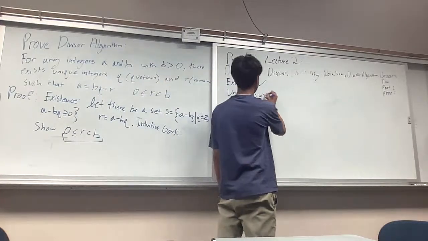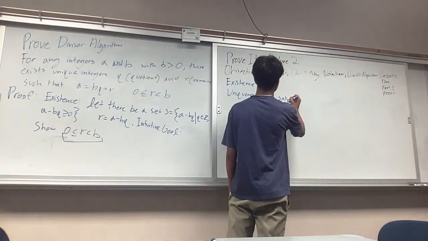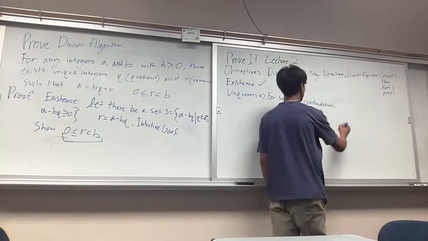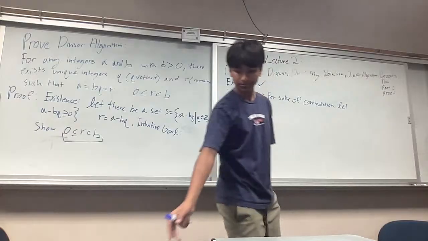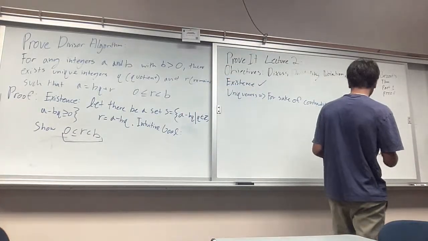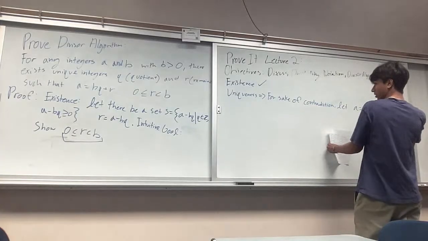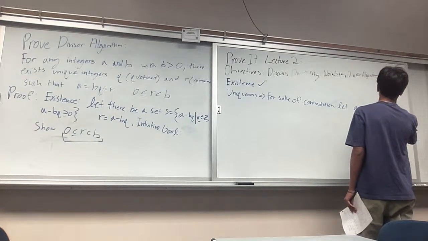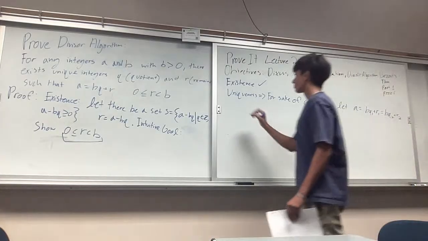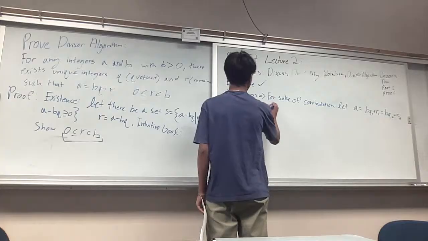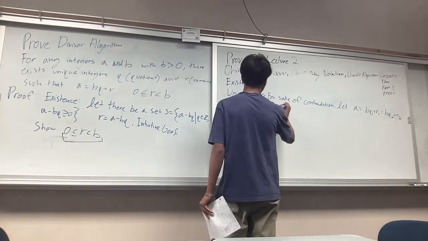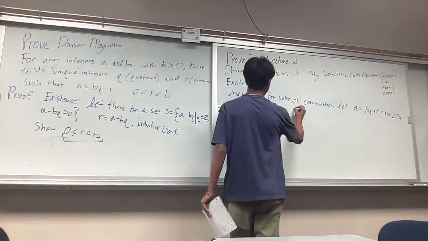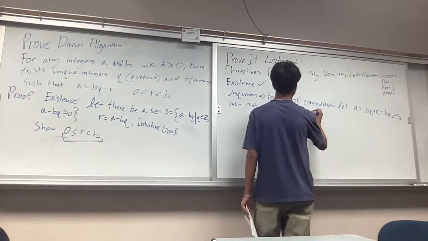Okay. Again, let's do proof by contradiction. So for the sake of contradiction, let A equal BQ1 plus R1, and let that also equal BQ2 plus R2, such that the Qi are distinct, or a distinct set.